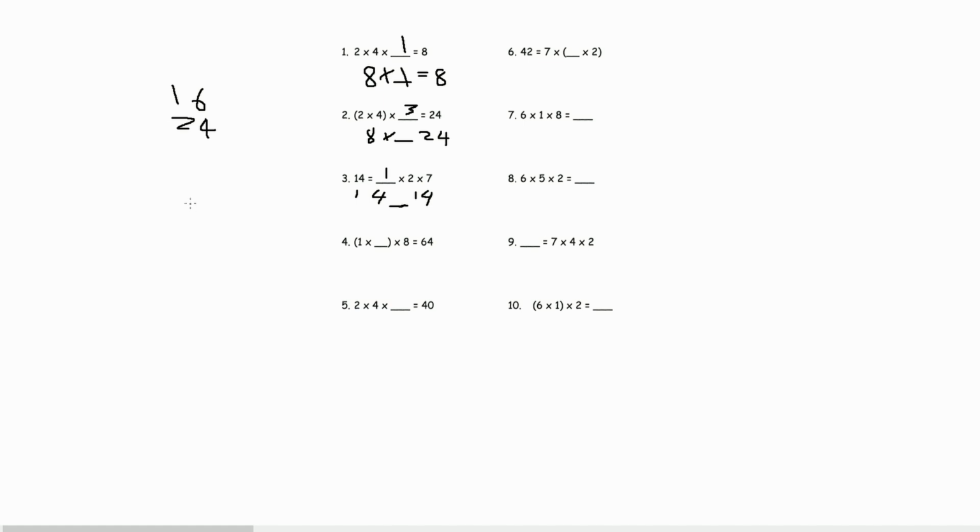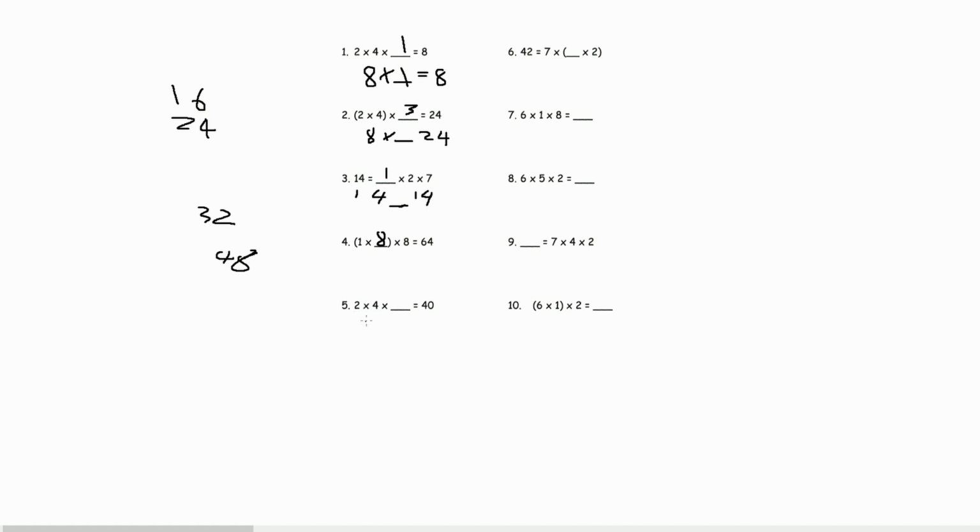Let's just try it. 1 times 4 is 4, and 4 times 8 would be 32. That is a big difference, so let's try 6 this time. 1 times 6 and 6 times 8 would be 48. That is still too small. Let's try 8. 1 times 8 is 8, and then 8 times 8 is 64. Oh, that works, so that would be 8.